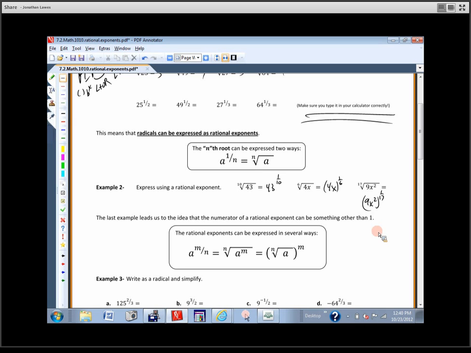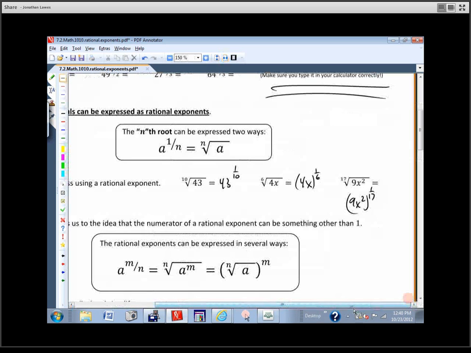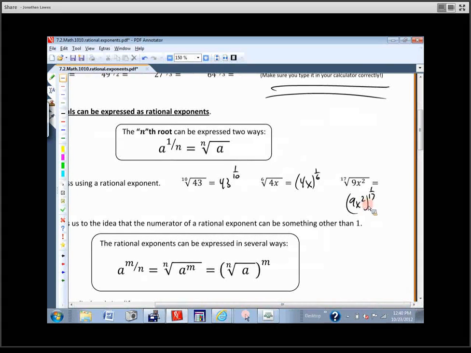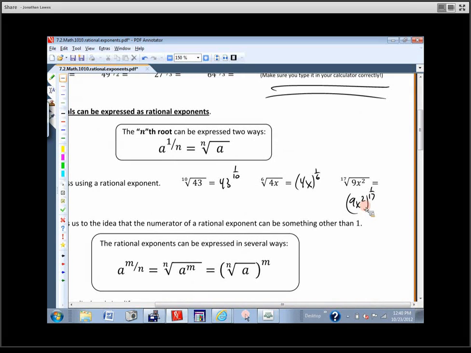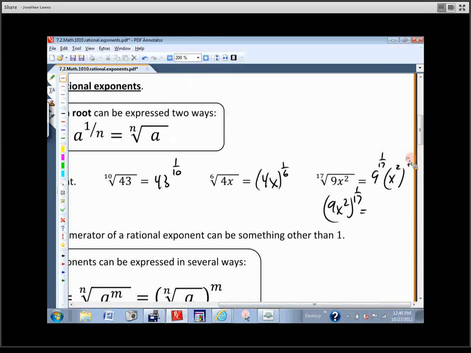Any questions? Okay, I want you to take a good look at that last one then. If I use the properties for exponents that you reviewed in 1.6, let's say I wrote this as 9 to the 1/17, and then x squared to the 1/17. I can break that into two pieces.